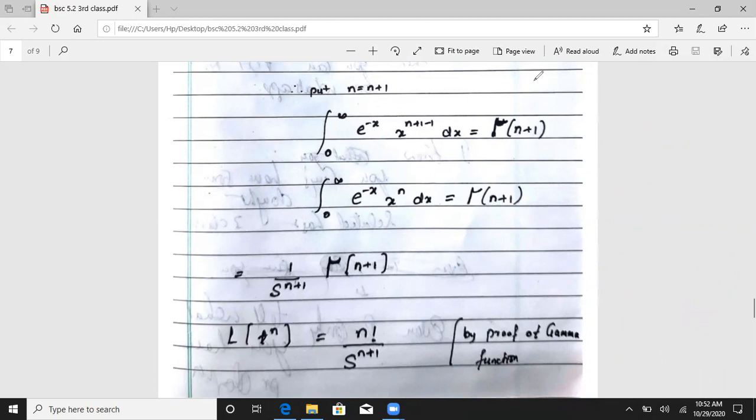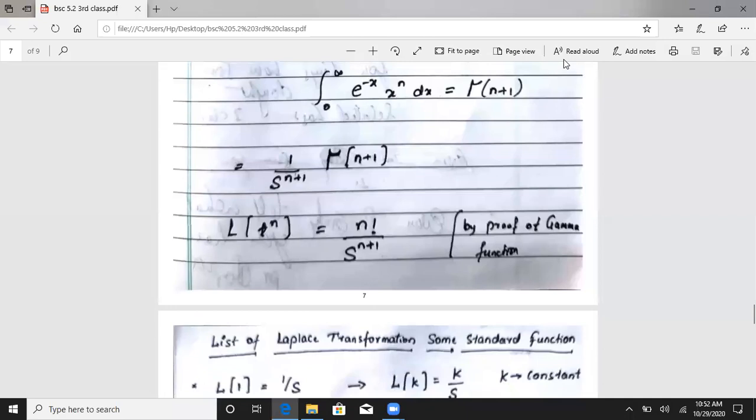Now the constant term 1 divided by s to the power n plus 1 stays as it is, and instead of writing this function, we can write gamma of n plus 1.